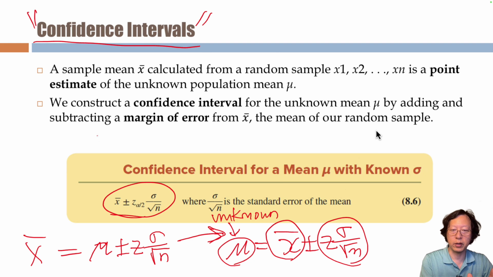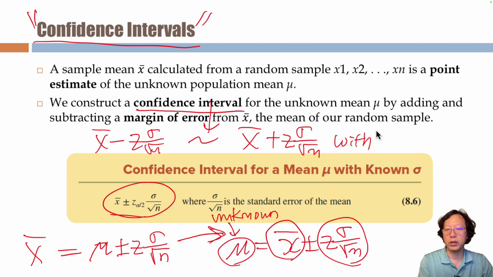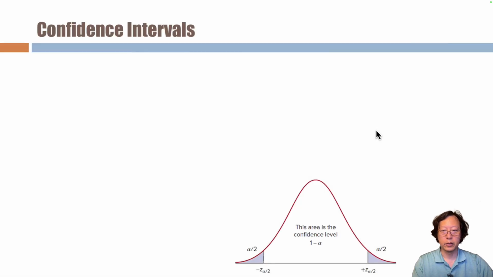The lower limit is X bar minus Z sigma over square root of n, and the upper limit will be the plus. So our mu will fall in between this range. That is what we call the confidence interval. We have to talk about it with maybe 90 or 95 or 99% confidence. So this is the confidence interval.